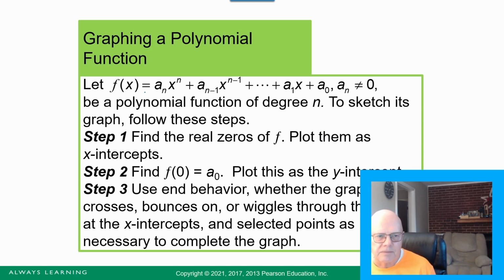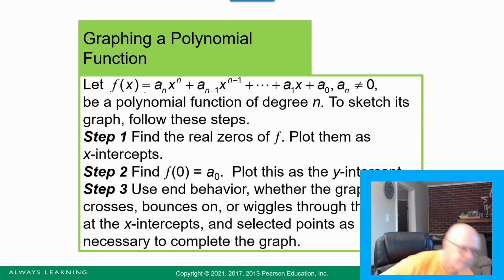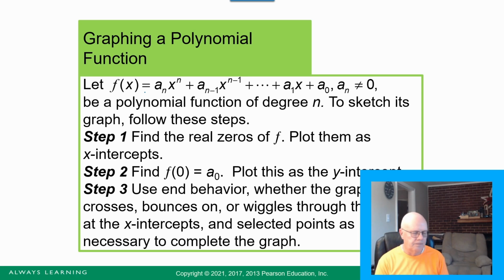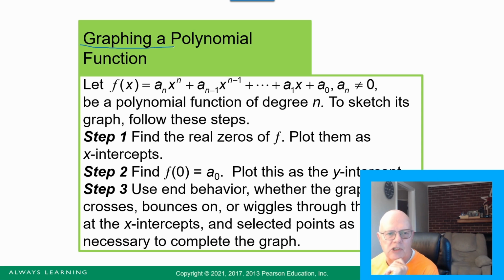Okay, graphing it. The degree. All right, back to graphing a polynomial function. If this is your function up here, and I'm going to go back to red again so you can see it easily.